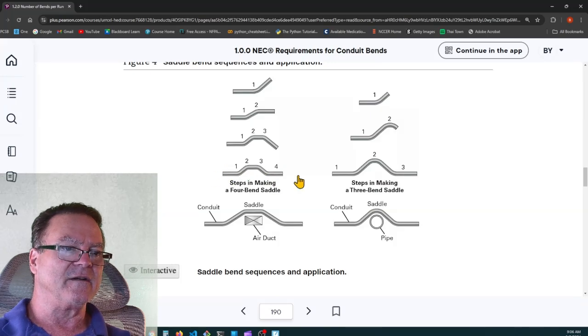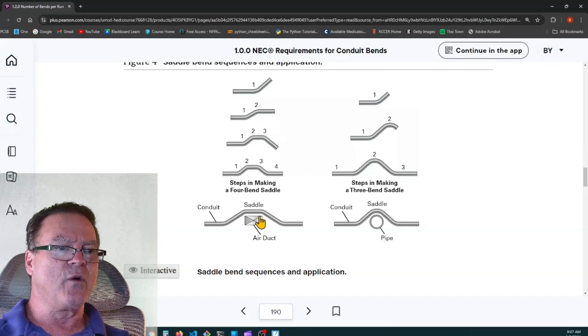It not only is not a change in direction, it's not a change in elevation. It goes over the obstruction and comes back down to the same level it was on a minute ago. So if you're running on a ceiling or a wall and you have an obstruction you need to go around, you can make a 4-bend saddle, and again you'll be back on that same wall or ceiling.